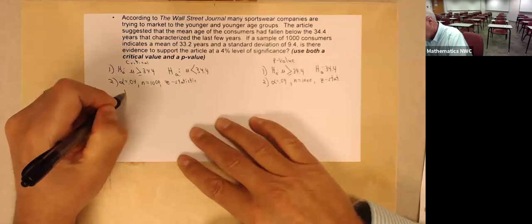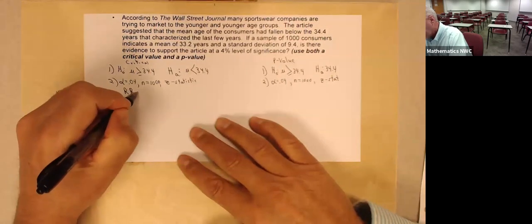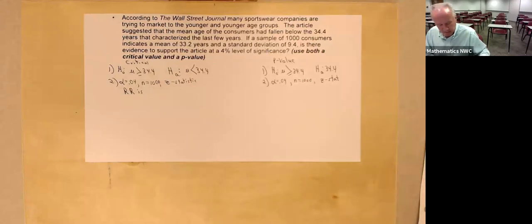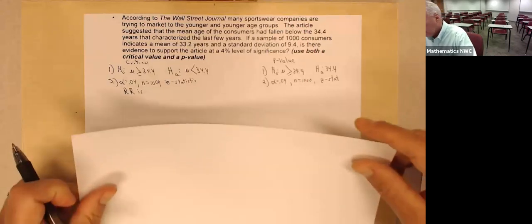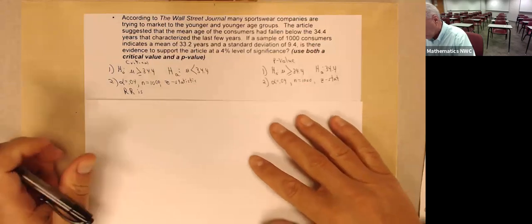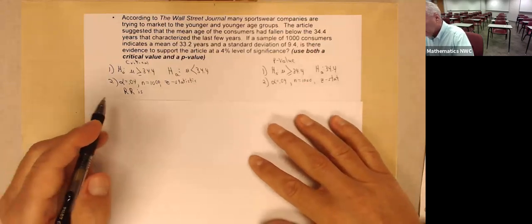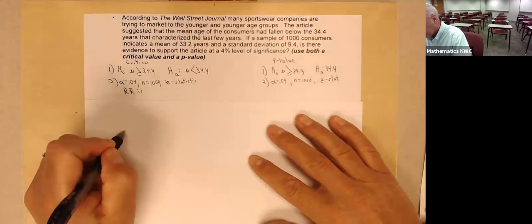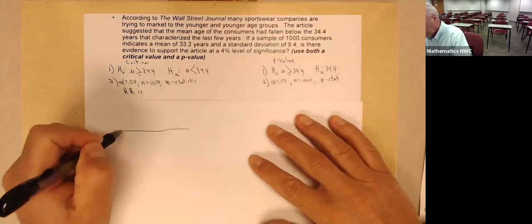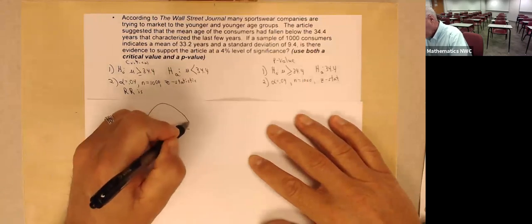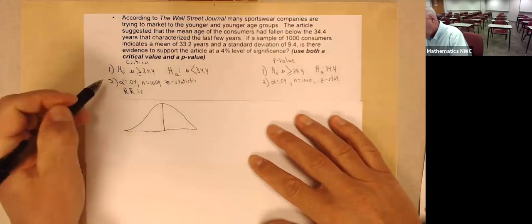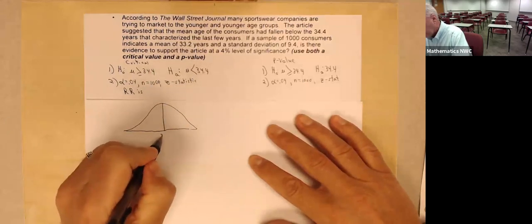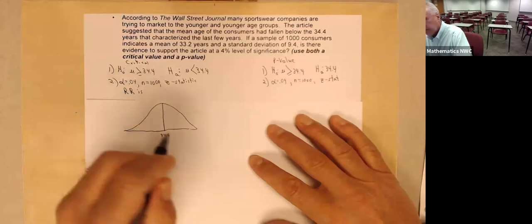Step number two, I need to get the rejection region. Again, this involves understanding what direction we're going in. This is kind of crucial. Am I going to be listing a negative Z or a positive Z here? It's a very common place to make an error. You don't need this drawing, but some of you might want to put it on the side in your margin. We're testing against 34.4.